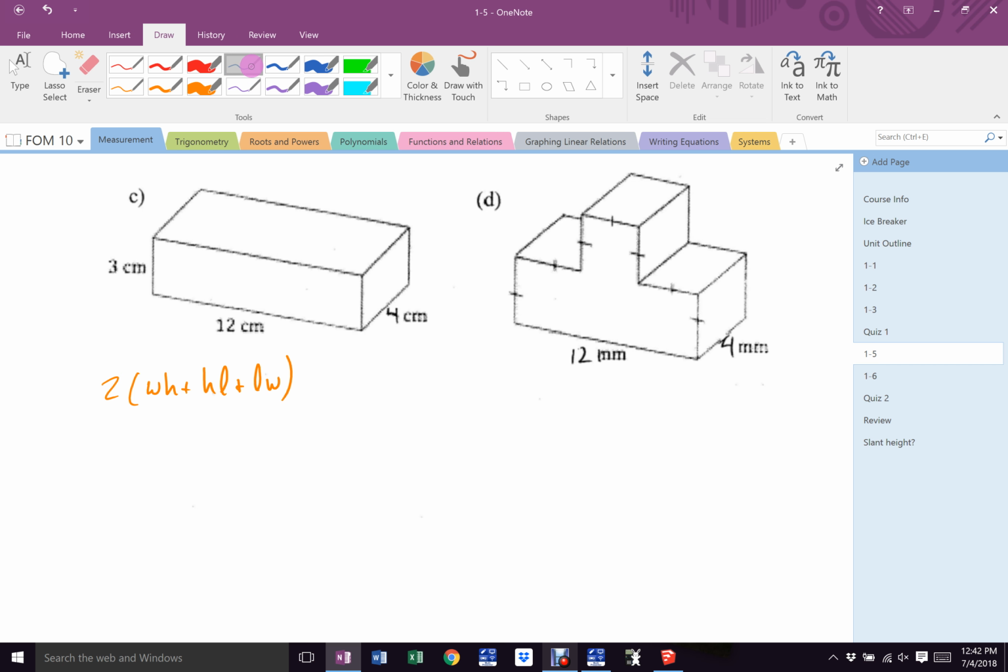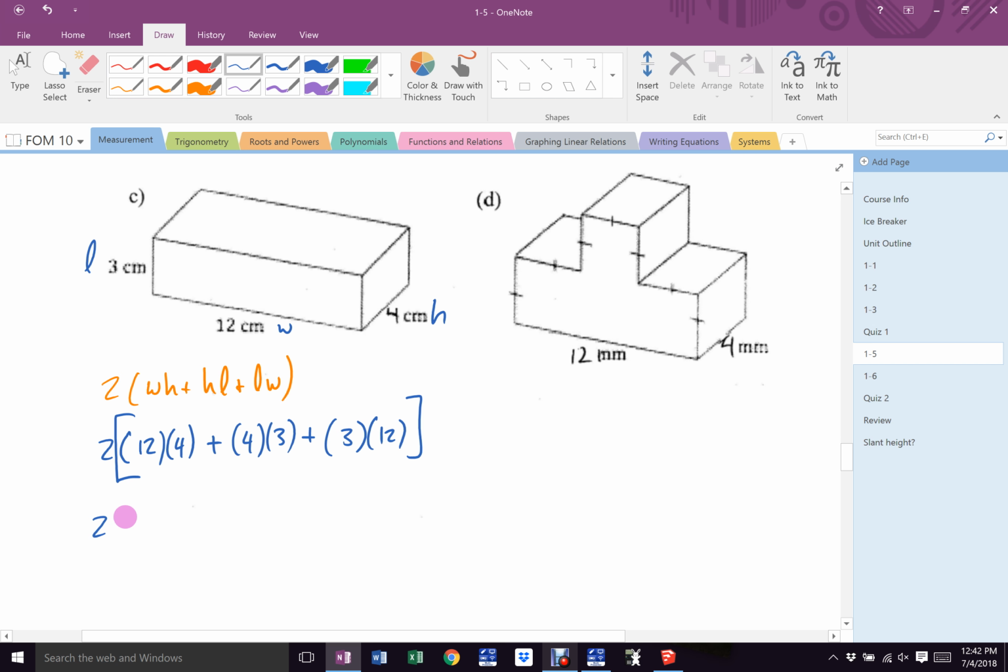I am going to make this L, this W, and this H. Because it doesn't matter. All I do then is fill it in. W, I have as 12. H, I have as 4. Then I'm going to add H and L. I have that as 4 and 3. Then I'm going to add L and W, which I have as 3 and 12.